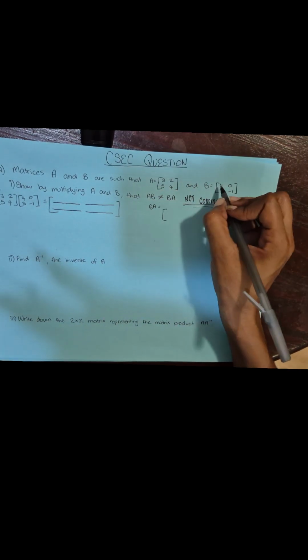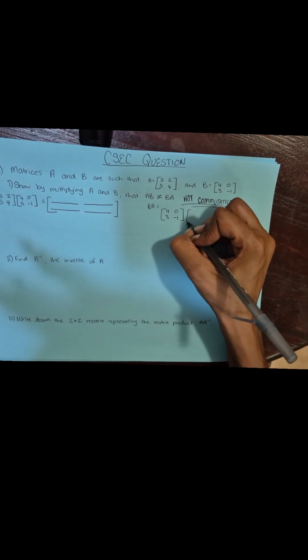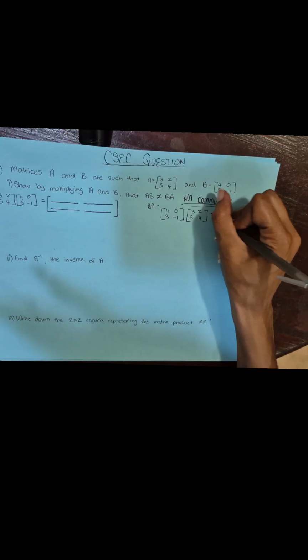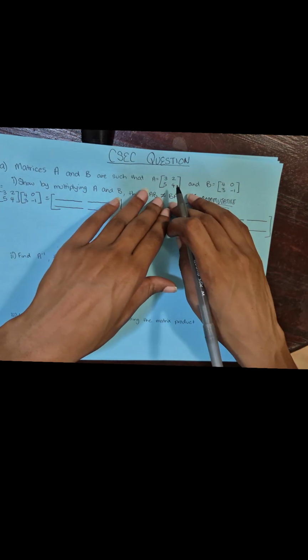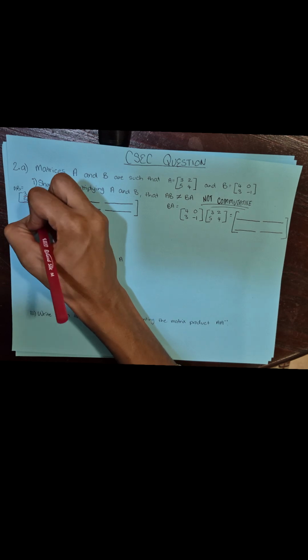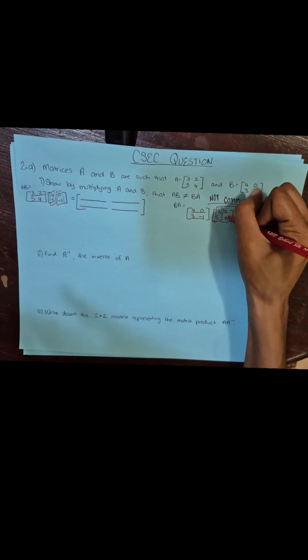In this one, we'll put B first and then A, and we'll multiply those to see what BA is, and we'll see that they're not equal to each other. So how do we multiply matrices? We're doing the rows of the first one by the columns of the second one.